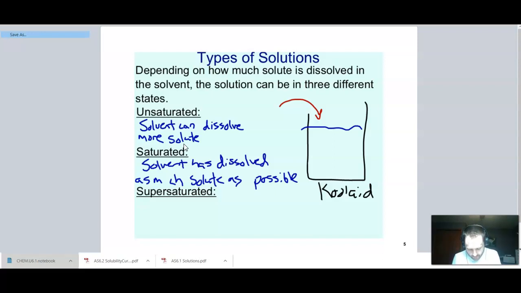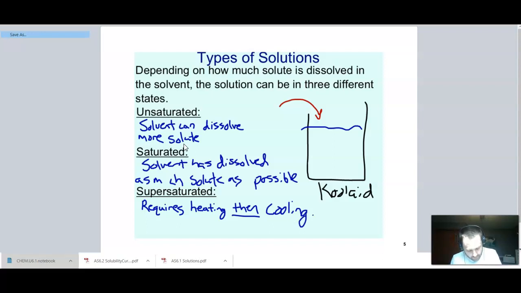And then supersaturated solution is really hard to know, but please note, supersaturated is actually unstable. It's almost like in a way, you're breaking the laws of chemistry. But I'm just going to put in here that creating a supersaturated solution requires heating, then cooling. I really have to be careful with this because sometimes students think that simply heating up a solution can create supersaturated. That's not the case. You have to heat it and then cool it.